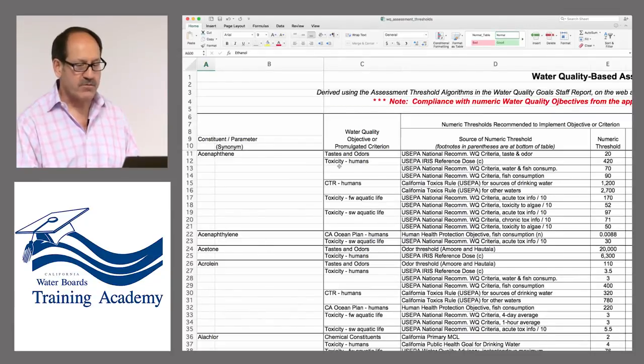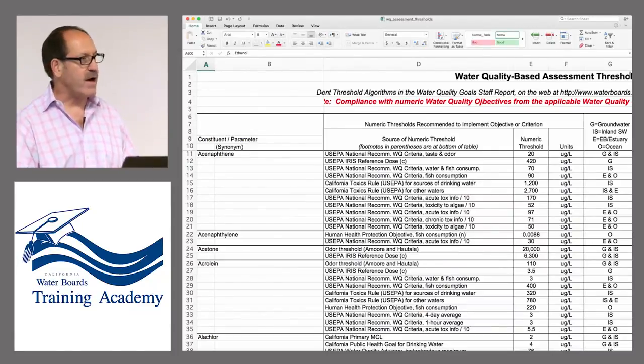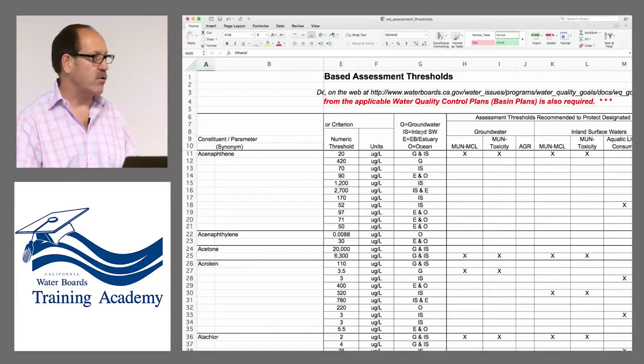So where it comes from, what the threshold is itself, and what its units are. And then the column that tells you whether that would apply to groundwater, inland surface waters, enclosed bay, or estuary. Sometimes a number applies in multiple places, and that tells you.